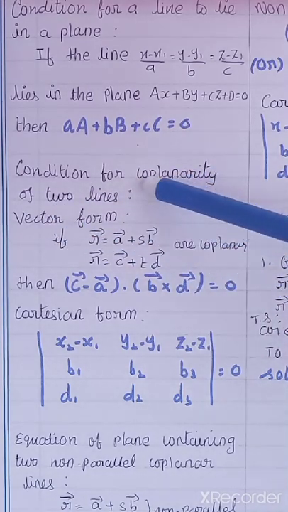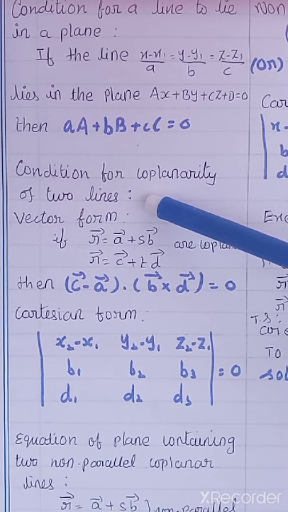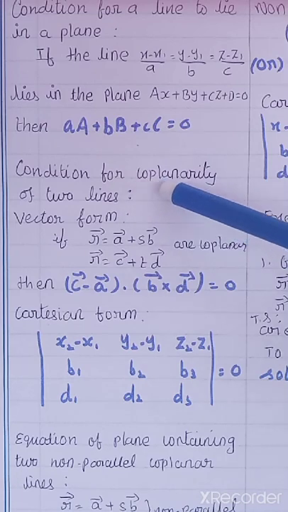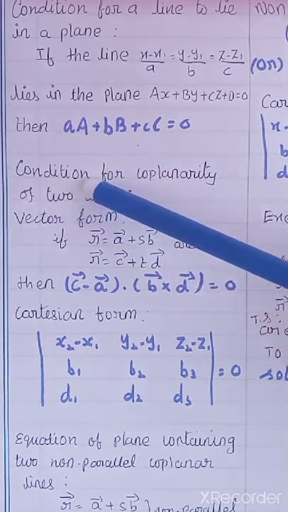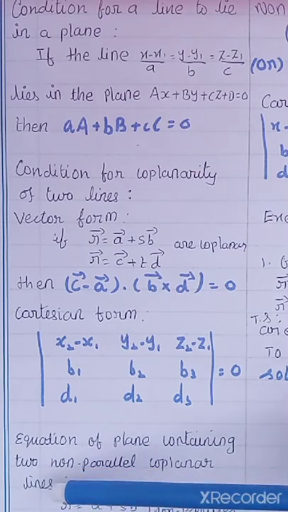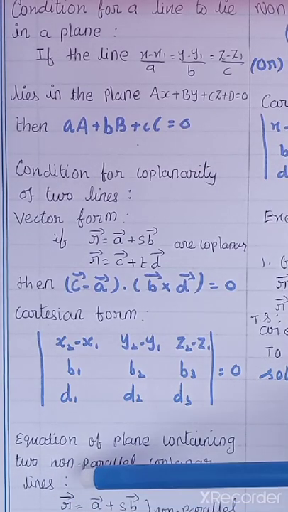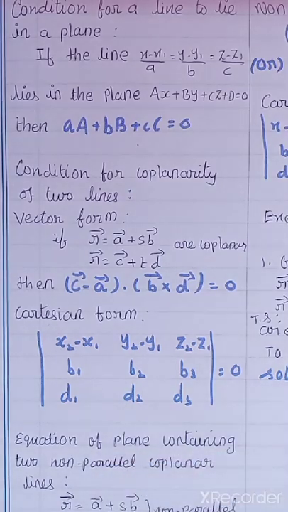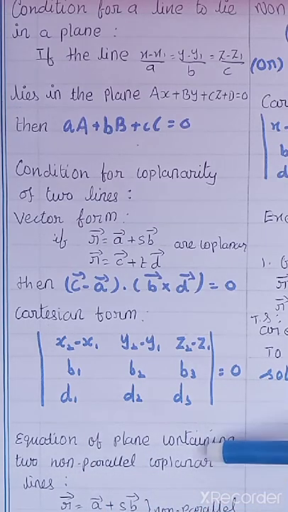What do we mean by coplanar? Lines that lie in the same plane are coplanar, right? So we have to check whether the two lines are coplanar, and we will see the condition. Your third one is the equation of a plane containing two non-parallel coplanar lines, and we are going to check that.